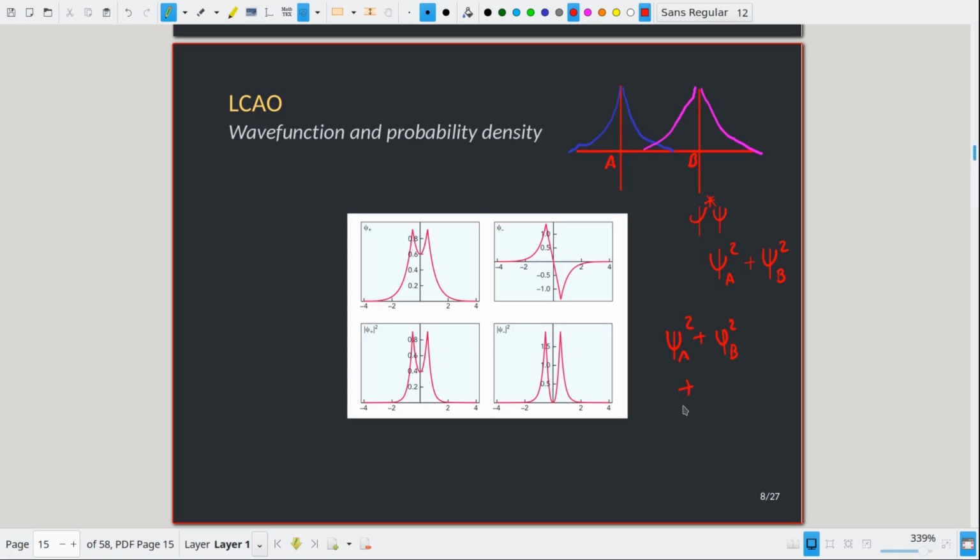But we will also have another term which is the result of the fact that we've got a linear combination between these two functions, and that could have a sign plus or a sign minus depending on whether we are adding up the two atomic orbitals or subtracting them, and the result will be 2 times psi A psi B. So this extra term will result in a situation where the probability density between the two orbitals will be higher than in the case of the two atoms separately, or lower than in the case of the two separate atoms.